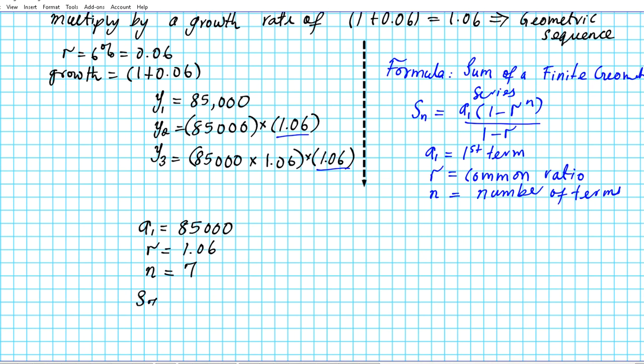So S sub 7 is what we're looking for. Using that formula, it's 85,000 times 1 minus the common ratio 1.06 raised to the 7th power, divided by 1 minus the common ratio 1.06. Just plug this into our calculators and that will tell us the answer.